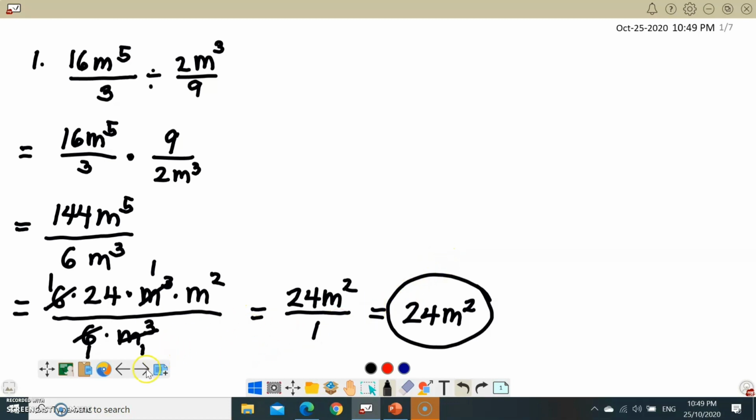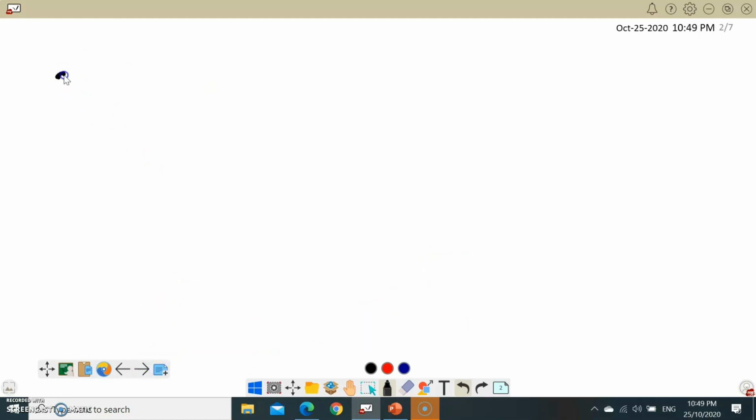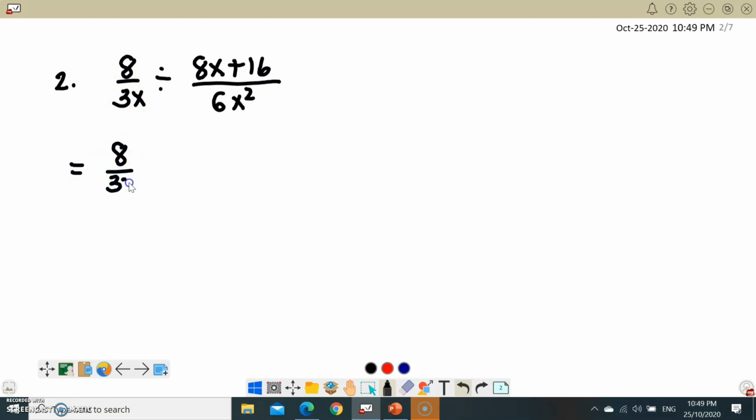Okay, let's have example number 2. So example number 2, we have 8 over 3x divided by 8x plus 16 over 6x squared. So we have here 8 over 3x, division becomes multiplication, and find the reciprocal of the divisor, which is equal to 6x squared over 8x plus 16.